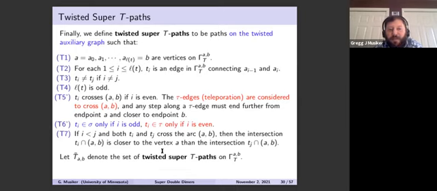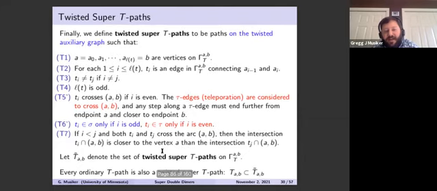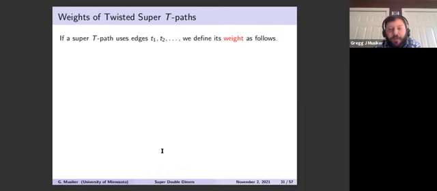So we let T twiddle denote the set of all twisted super t-paths on this twisted auxiliary graph. And every ordinary t-path is in fact an example of a twisted super t-path. So I know this definition is a little heavy, so let me do an example. Well, before I do that, let me define the weights.